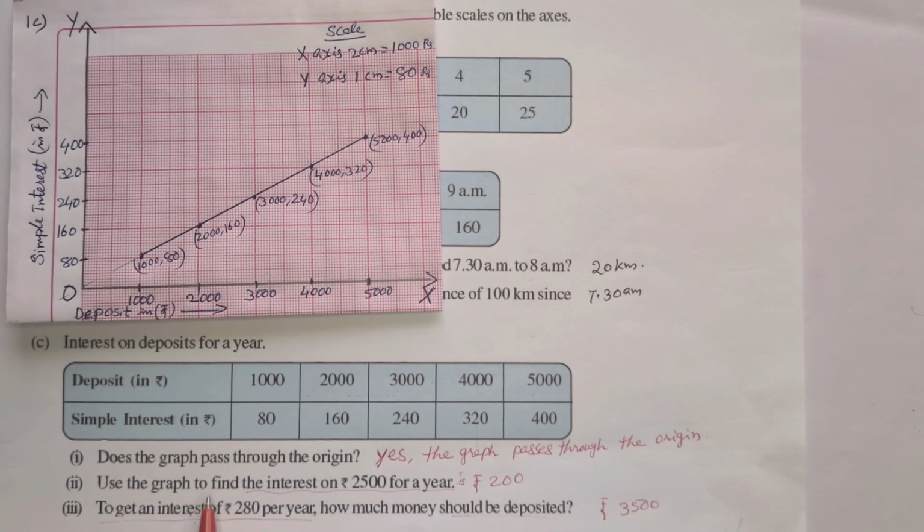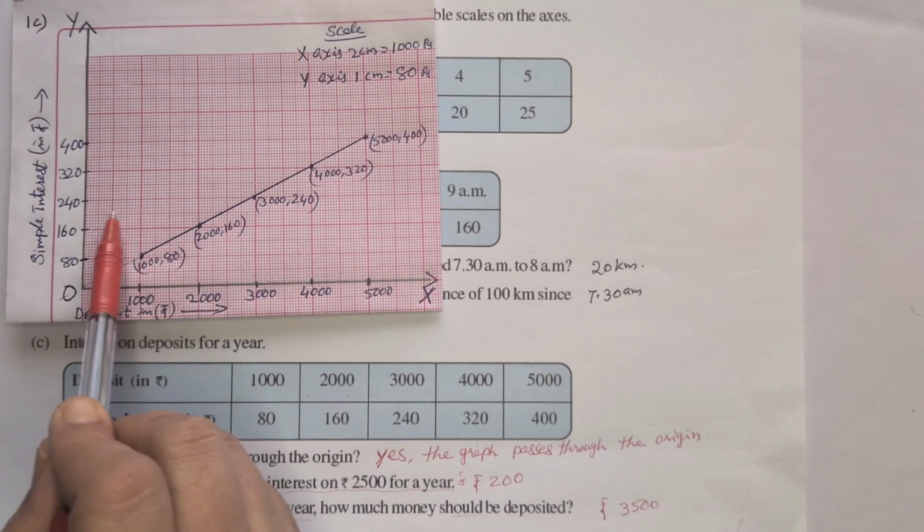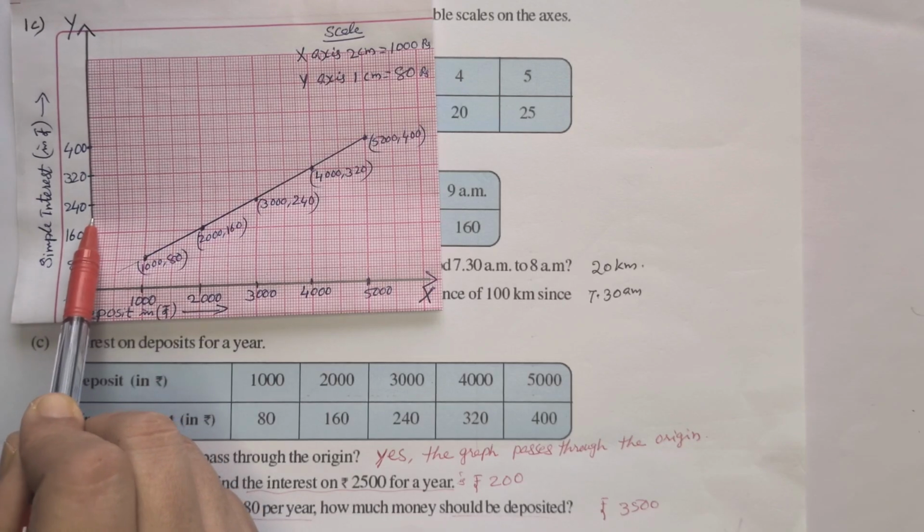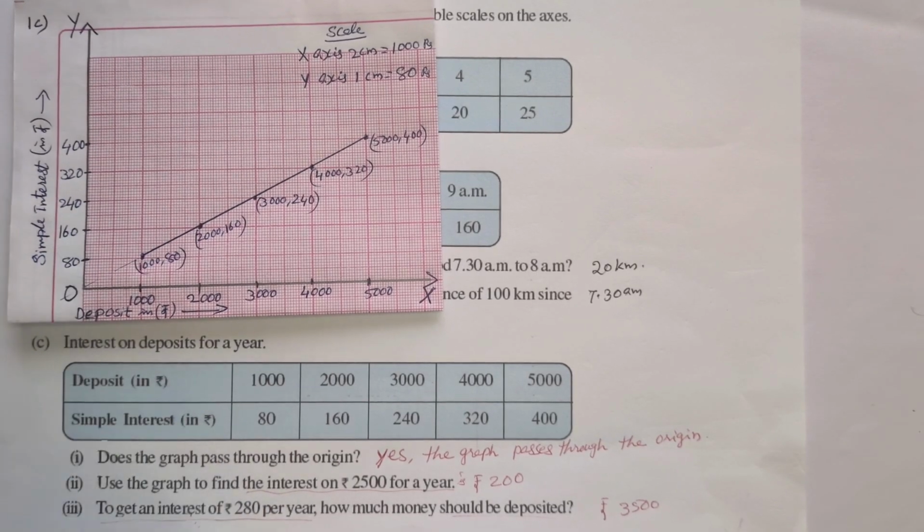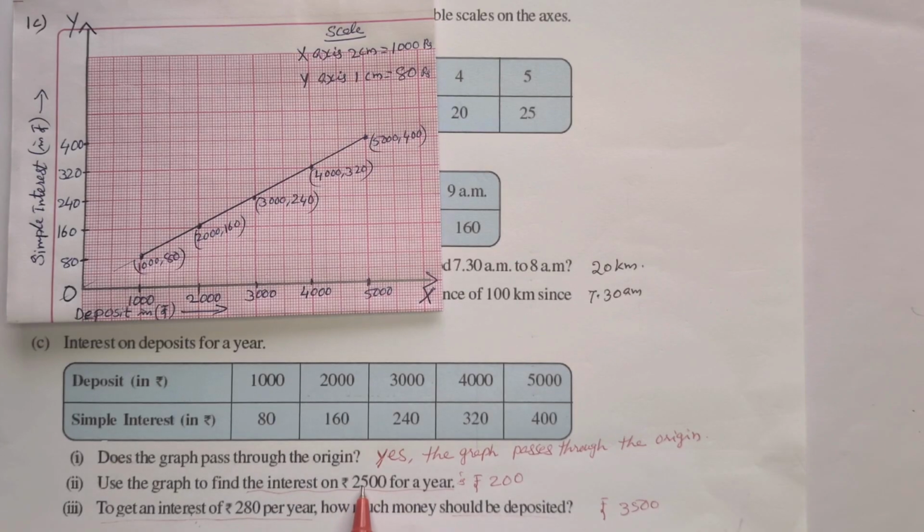Second question: use the graph to find the interest on rupees 2500 for a year. 2500 is coming at the middle line, so that is coming here, which corresponds to 200. So we can write in a sentence: the interest on rupees 2500 for a year is rupees 200.